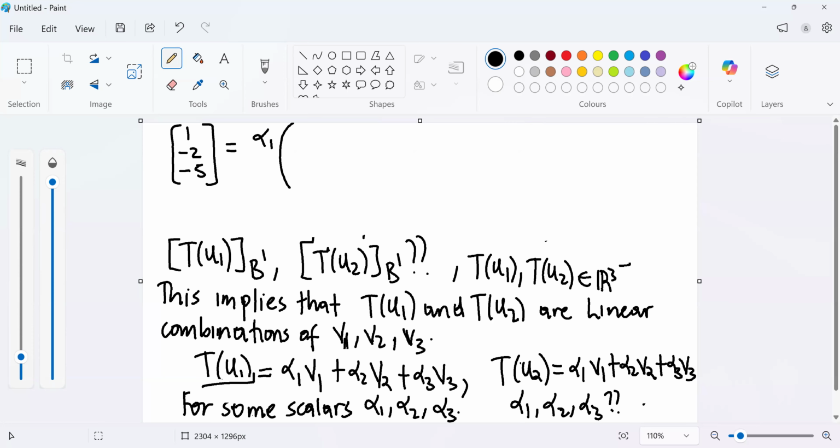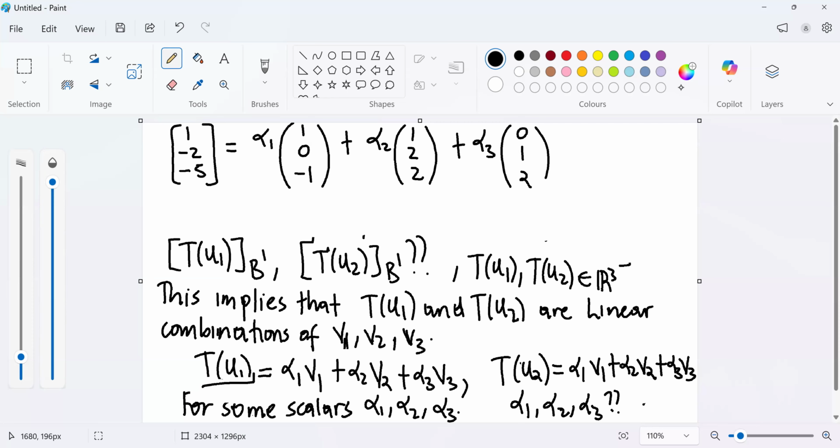According to the question, V1 was given as 1, 0, -1, plus alpha 2 times V2. V2 is 1, 2, 2, plus alpha 3 times V3. V3 is 0, 1, 2, like that.